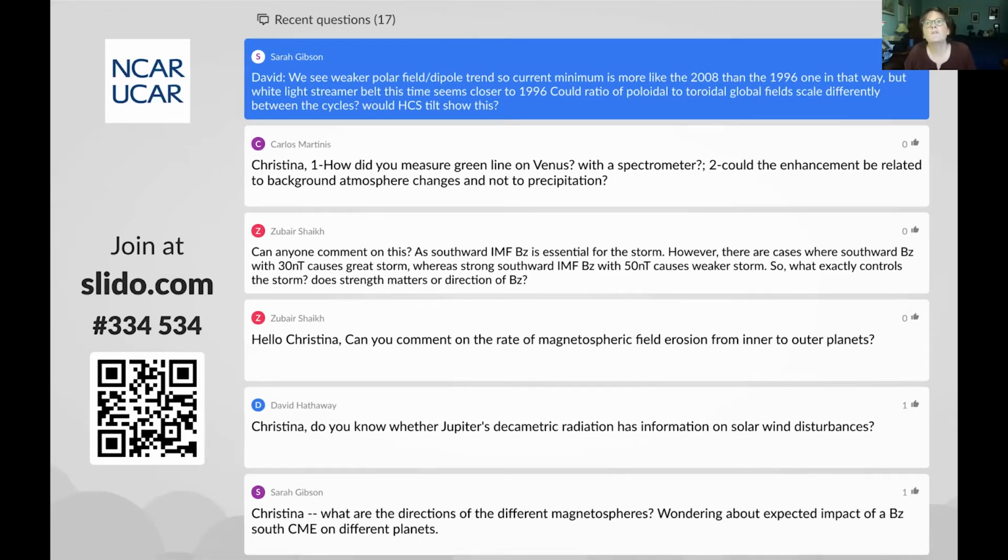But I'm trying to understand also what we expect to see in terms of the coronal structure, in terms of the dipolar structure versus the more fuzzy, diffuse streamer belt. This could be related to the heliospheric current sheet tilt, but I'm not totally sure. I'm wondering if it's maybe about a ratio of global poloidal to global toroidal fields and how that changes at minimum. I wonder if you could comment on that, David.